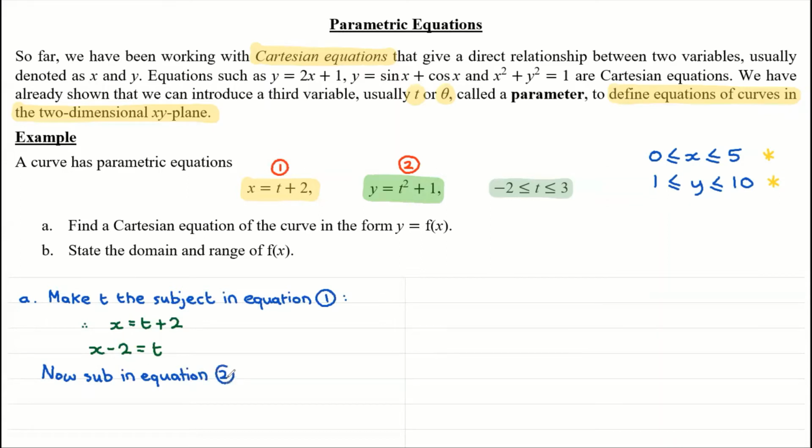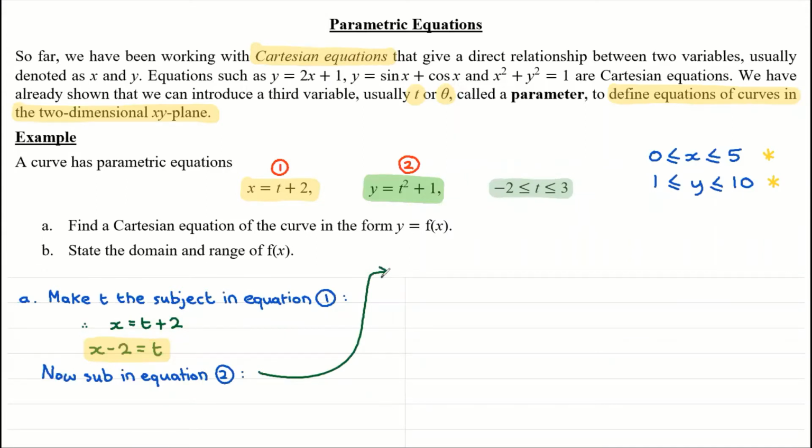And obviously what I'm subbing in is what we've just discovered right here. So we're going to put that into equation 2. I'm just going to move over to the right-hand side, so I've got a bit more space. You'll have a bit more space on your page.